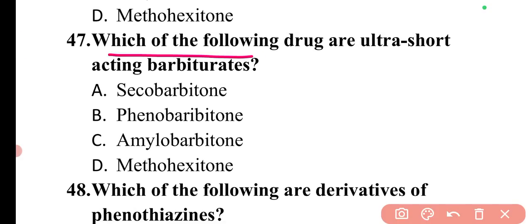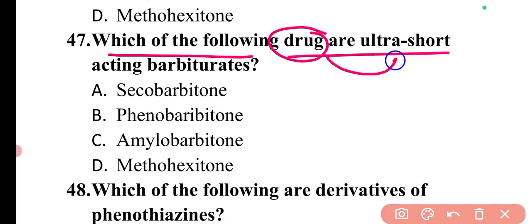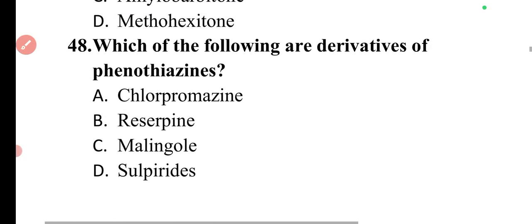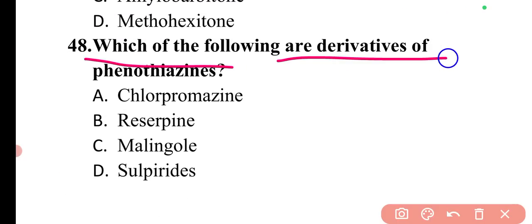Next question is, which of the following drugs are ultra short acting barbiturates? So ultra short acting barbiturates include methohexital. So here option D is correct. Next question is, which of the following are derivatives of phenothiazines? So the derivatives of phenothiazine include chlorpromazine.